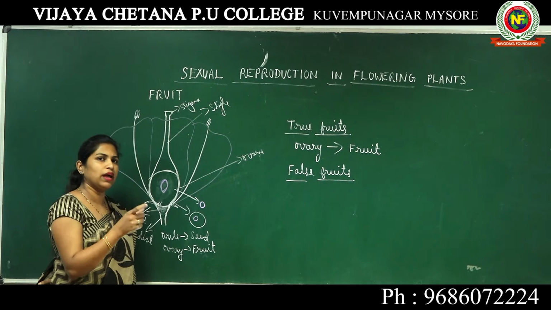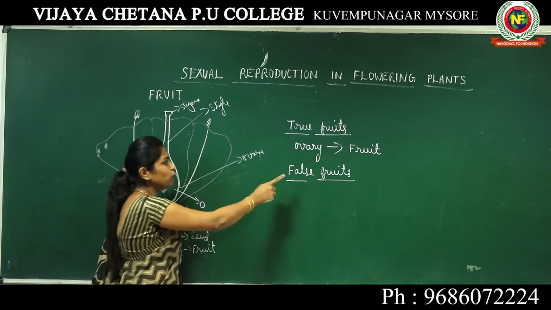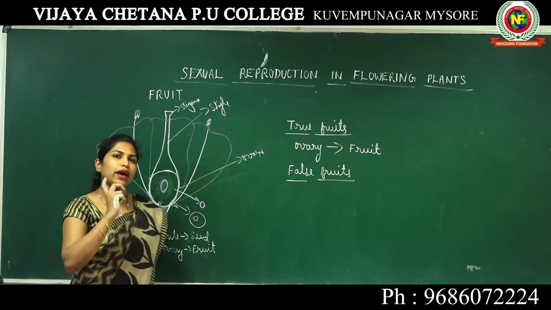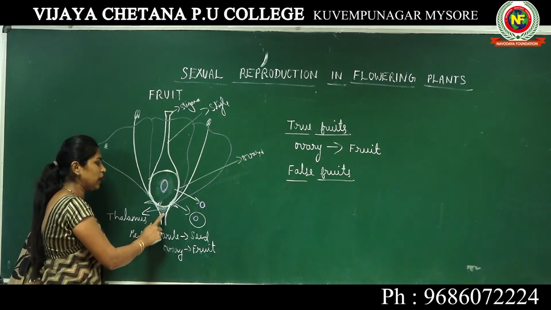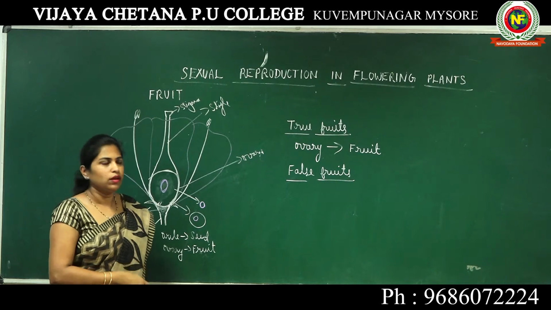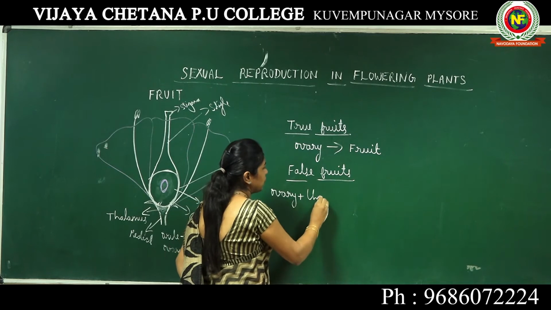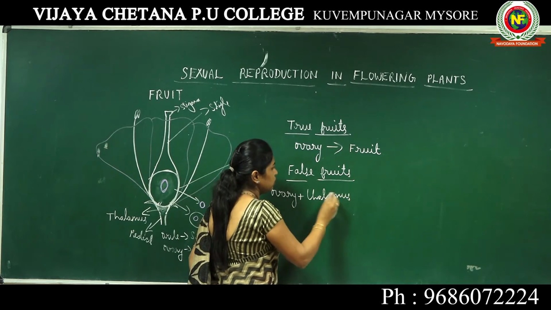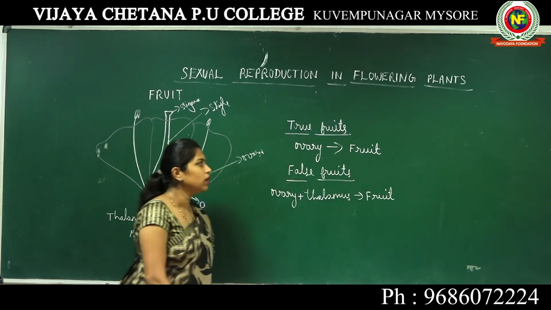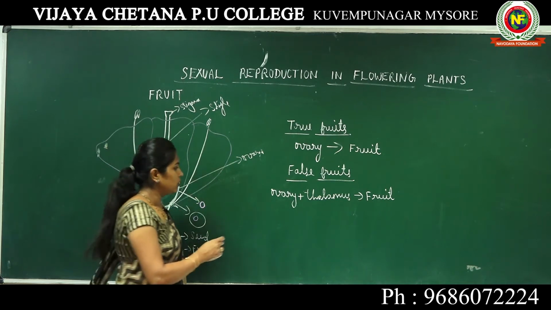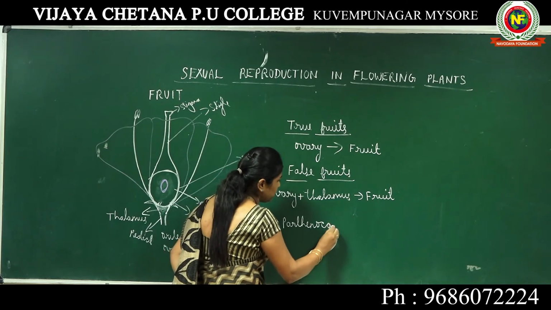The fruit formed as a result of thalamus and ovary are known as false fruits, because they are not the actual complete fruit obtained only from the ovary. In such cases, where the ovary is also helped by thalamus in fruit formation, such fruits are called false fruits. Then there are certain other types of fruits known as parthenocarpic fruits.